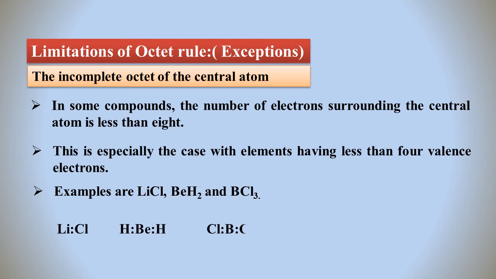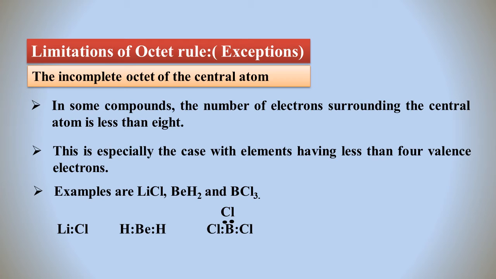We have the illustration for each one. Lithium here does not reach the formation of the octet. We have lithium and chlorine each sharing 1, beryllium with hydrogen forming beryllium hydride sharing 2, and boron with chlorine, each sharing 6.